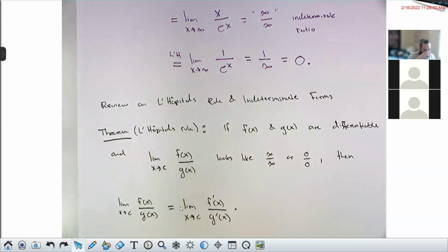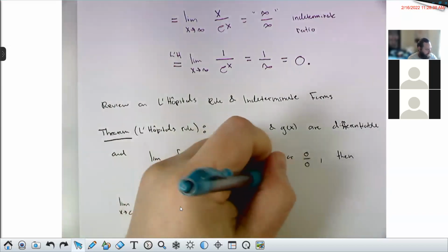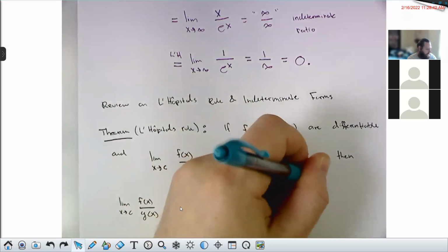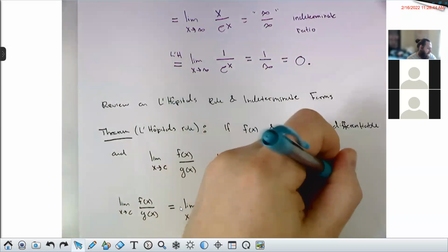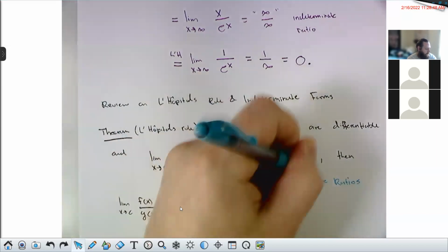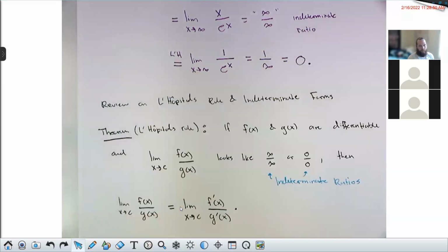Now, those two particular indeterminate forms I wrote down are indeterminate ratios. Ratio just means fraction, right? So indeterminate ratio means a fraction whose value cannot be inferred from the symbols itself.